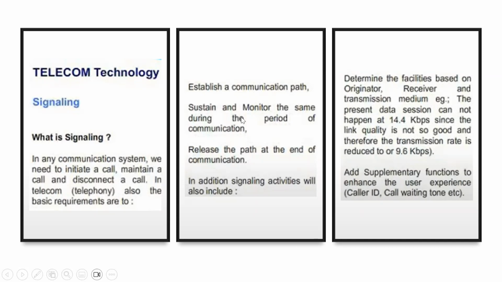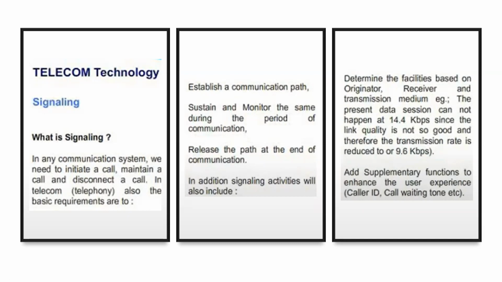Then there should be some monitoring of the continuation of the communication path and maintaining the quality of the communication. Then when we finish our talking, there should be release of the path at the end of the communication.